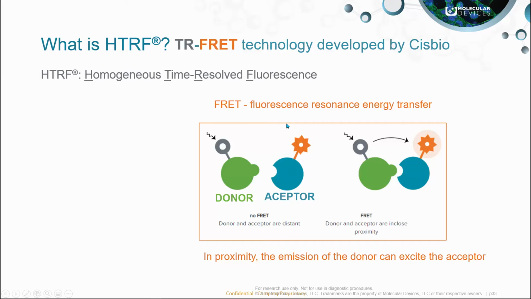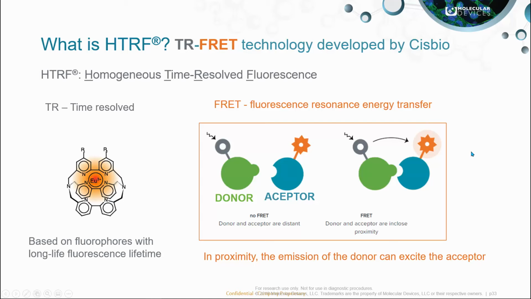Basically, there are two molecules, which can be, for example, protein or DNA. These two molecules are conjugated to two fluorophores, the donor and the acceptor. The peculiarity of these two fluorophores is that in close proximity, the emission of the donor can excite the acceptor.